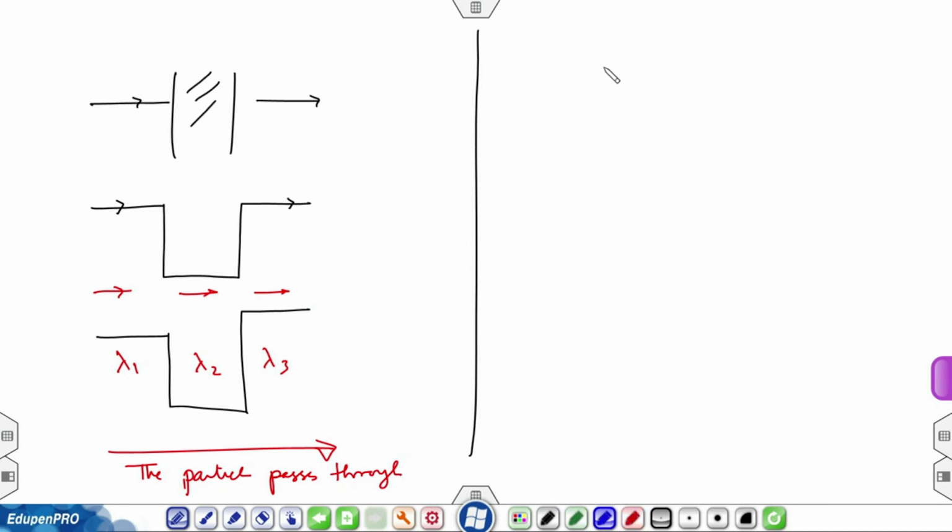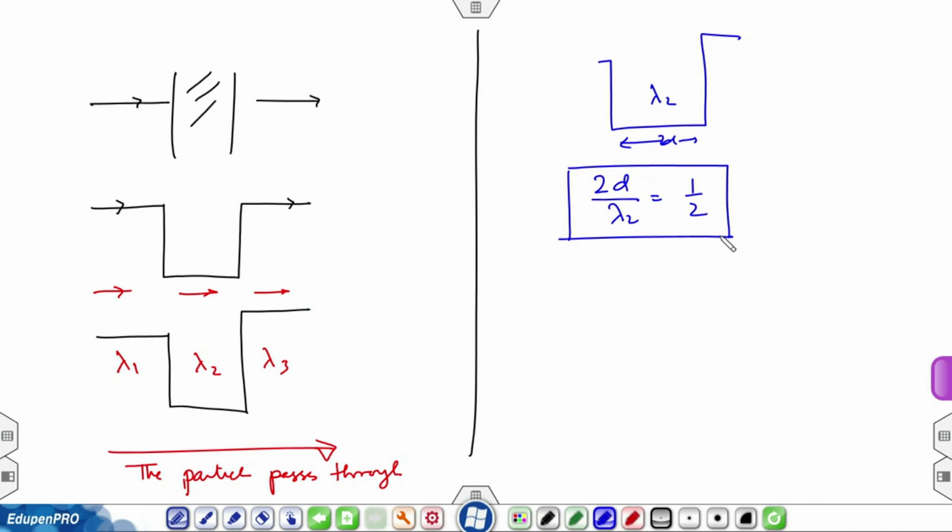So, that will also happen when this lambda 2 is such that 2d over lambda 2 is 1/2. So, you see, studying this wave phenomena in electromagnetic theory, and particularly seeing this reflection and all these things, has a one-to-one correspondence with whatever happens with Schrodinger waves. So, it gives you that very nice way of understanding quantum mechanics also.